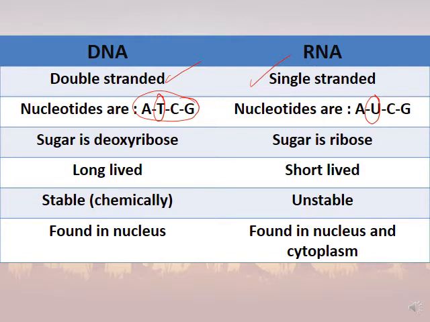DNA is long-lived, whereas RNA is short-lived. DNA is chemically stable, whereas RNA is unstable. DNA is found in the nucleus, whereas RNA can be found in the nucleus or in the cytoplasm.